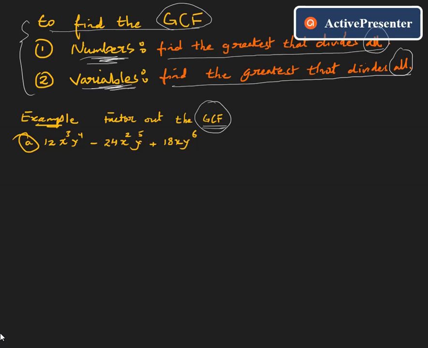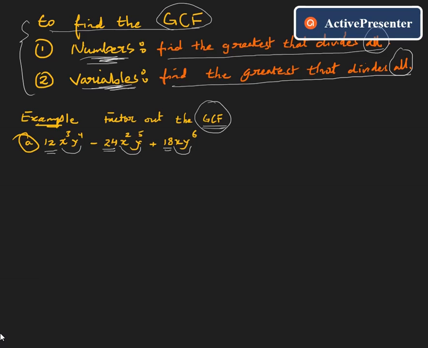As mentioned before, it is to find the greatest that divides them all. You see numbers and then you see variables. For numbers, find the greatest that divides them all, and for variables, find the greatest that divides them all.